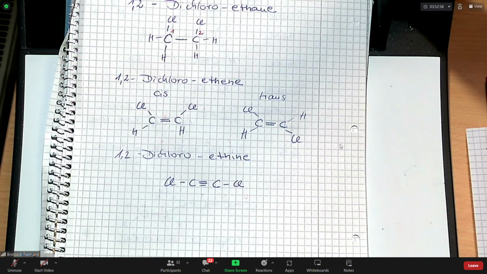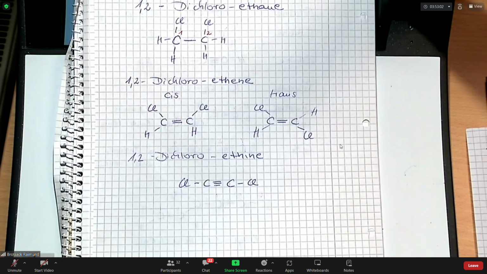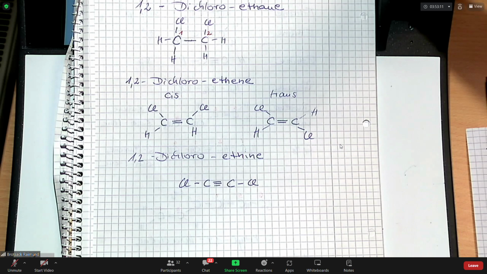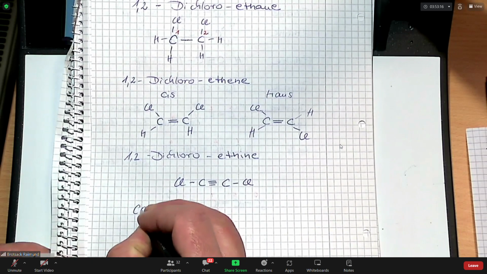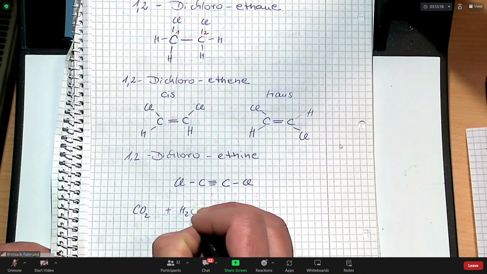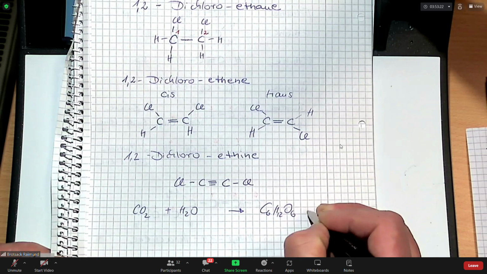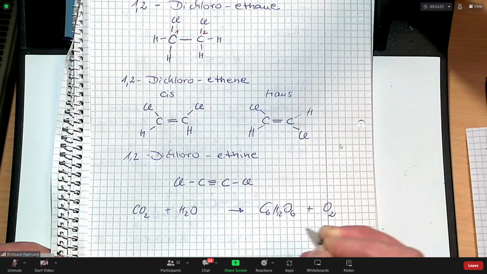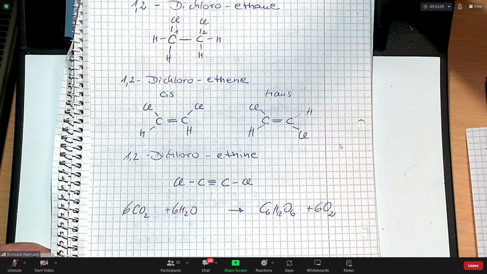The normal linear sugar molecule I will draw, because we might have to discuss it in renewables later on when we talk about biomass. The photosynthetic reaction, just to remember: CO2 plus water leads to C6H12O6 plus oxygen, and to balance we need 6, 6, and 6.